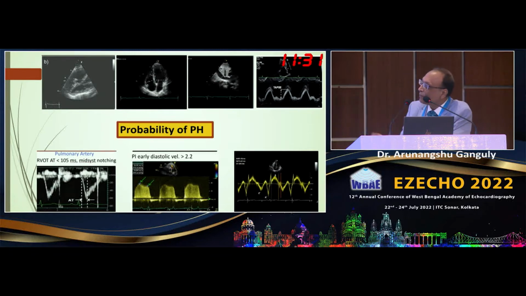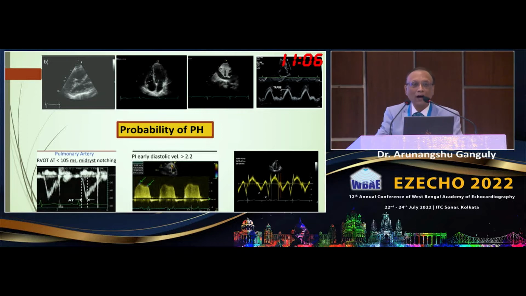So this is a picture starting from the upper left extreme, the RV size compared to LV. Then you have the basal RV diameter and the LV diameter. The ratio should be more than 1.1. You have the IVC. You have the TAPSE, which should be, you know the value, less than 20.